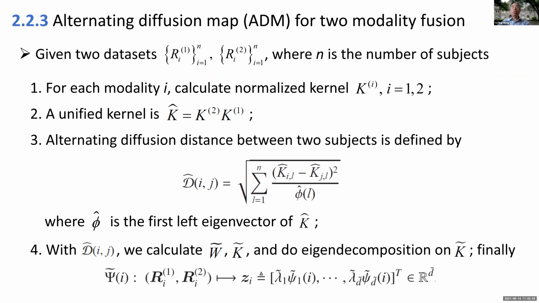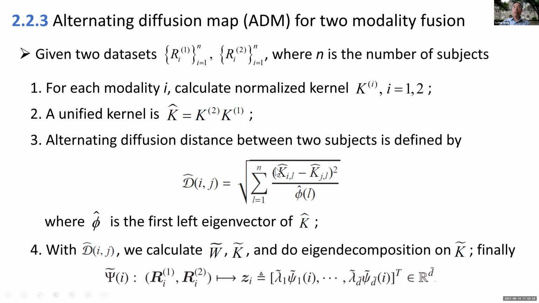We can further extend this approach to two modalities or two data sets. Given two data sets, R1 and R2, corresponding to two modalities, for each modality we can calculate their normalized kernel, K1 and K2. Then we can use a unified kernel to fuse the information between K1 and K2. After this, we can define the alternating diffusion distance using the following formula.